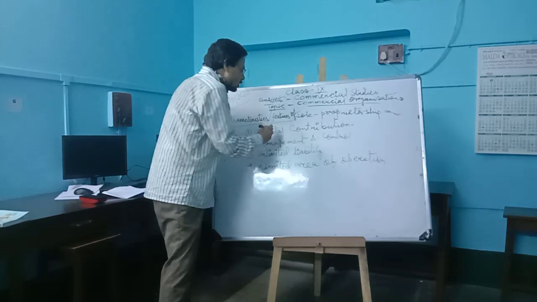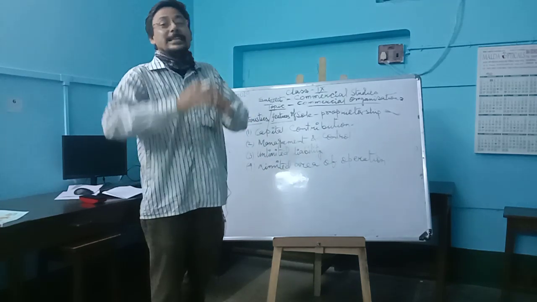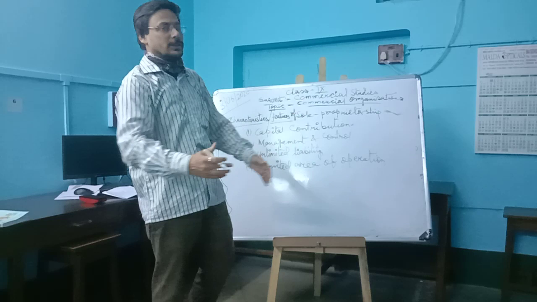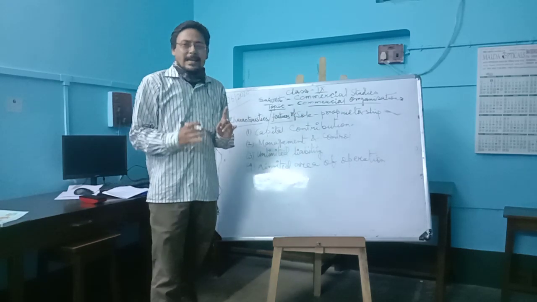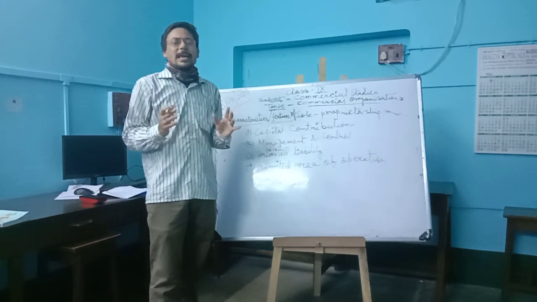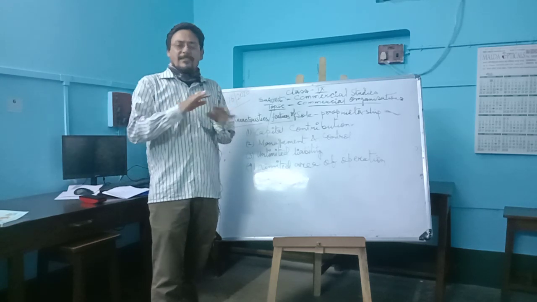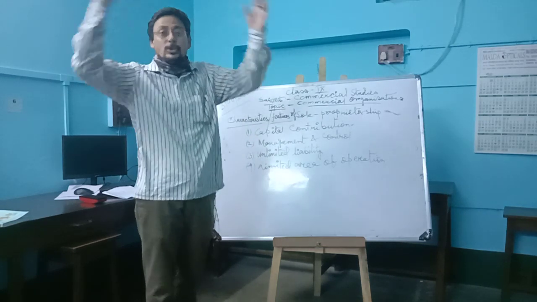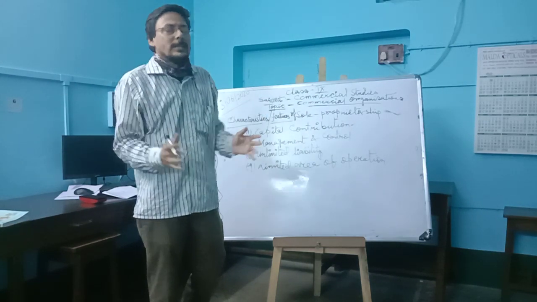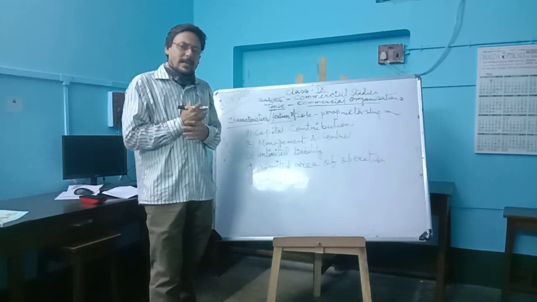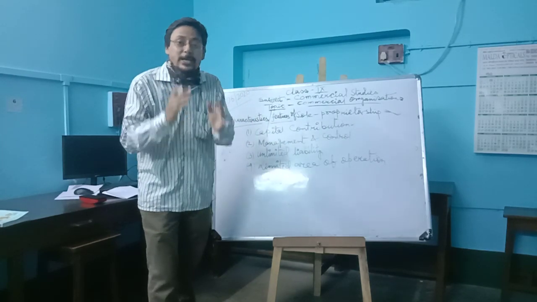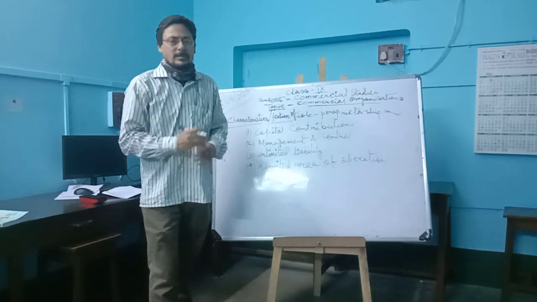So, capital contribution, it is not possible that a huge amount of capital is introduced in the business, because one person does not have the capacity to manage the business very easily or smoothly with a huge amount of capital. So, however much capital has been introduced, that must be controlled by himself.